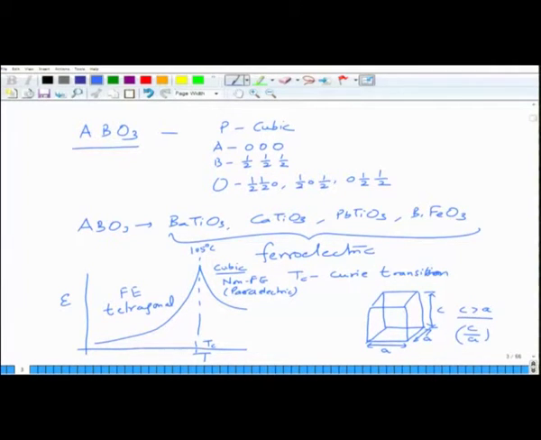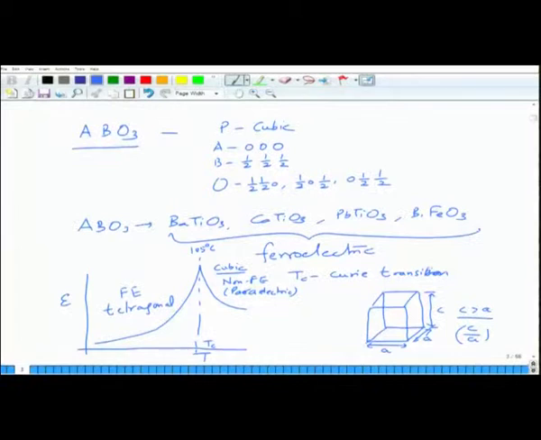Many of these perovskites in the ferroelectric state, in fact all of them, are non-cubic, which is necessitated by the requirements of ferroelectricity. Ferroelectricity cannot occur in cubic compounds, but at higher temperature they become cubic.